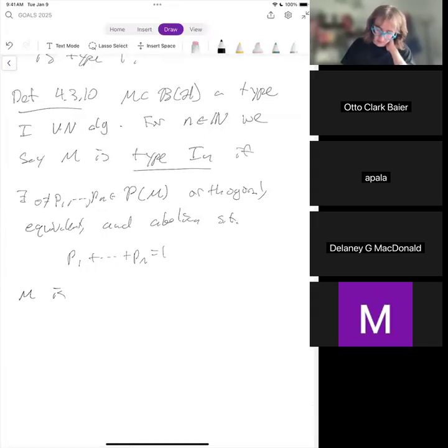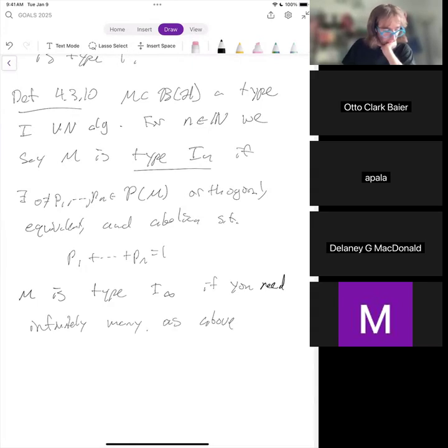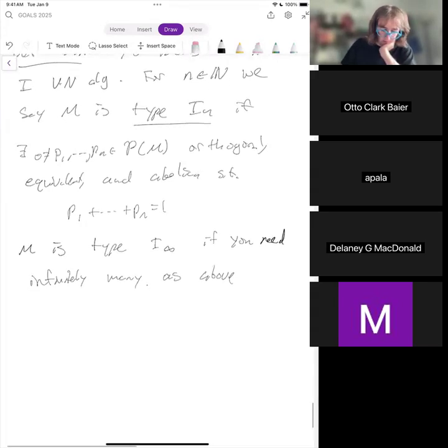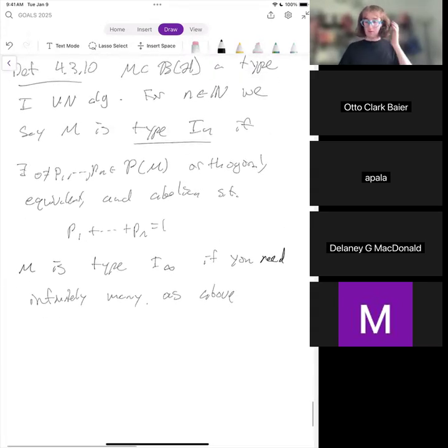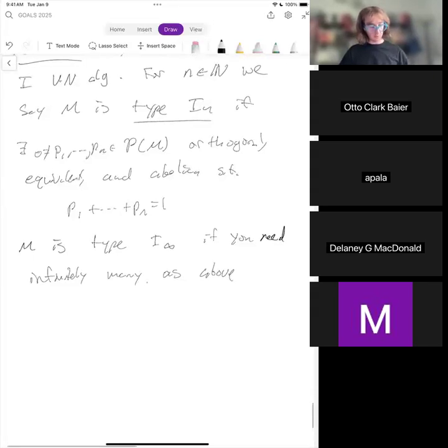And then M is type 1 infinity if you need an infinite family to do this. And a type 1 von Neumann algebra can only be either type n or type infinity, it can only be one type.